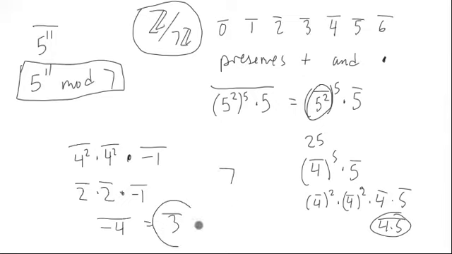So we could just say it's 3 bar. So we've just reduced a high power of 5 in modular arithmetic using the idea that we can move the bar out of a multiplication and inside of a multiplication.